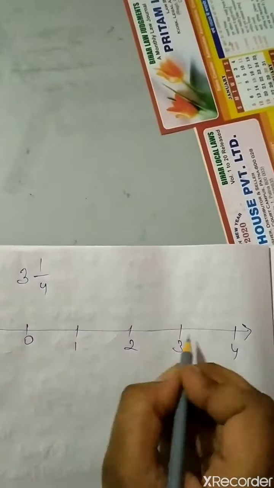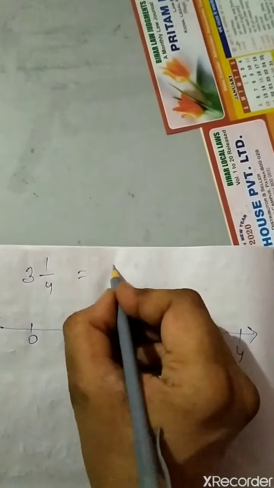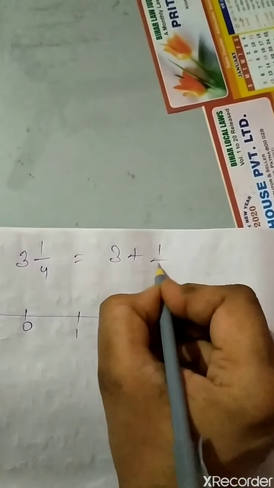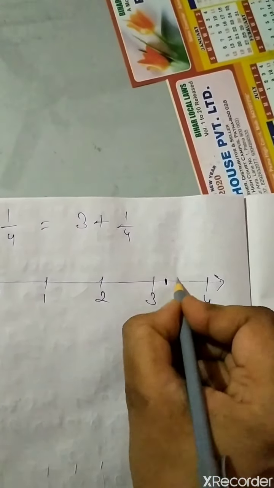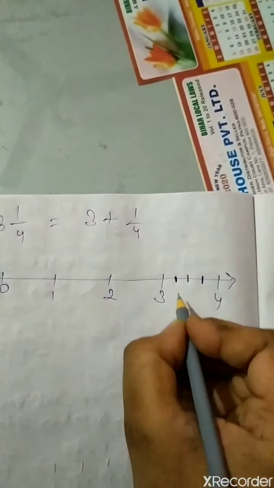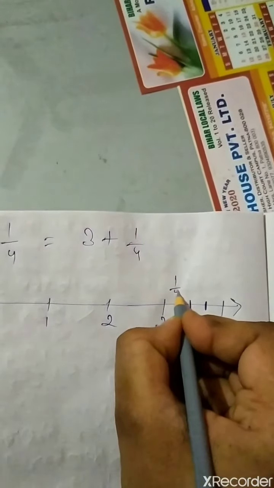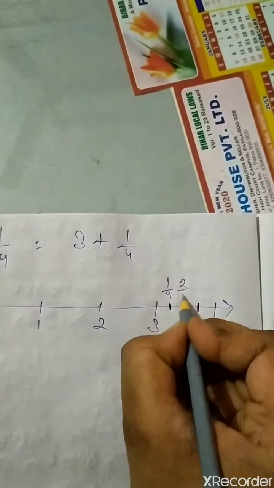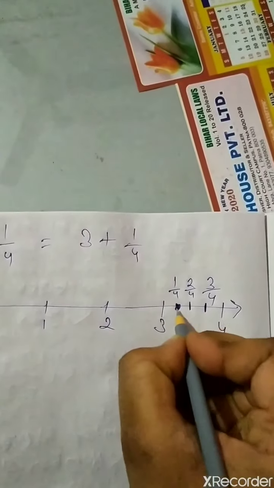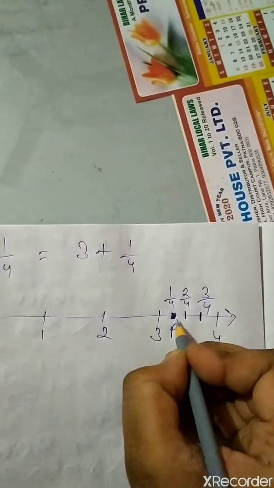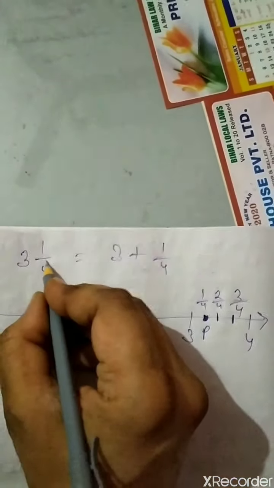Between 3 and 4, because this number means 3 plus 1 by 4. So the given number is more than 3. Divide into 4 parts. This part is 1 by 4, then 2 by 4, and then 3 by 4. So the P point will locate 3 whole 1 by 4.